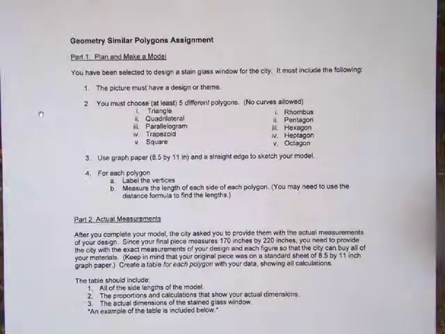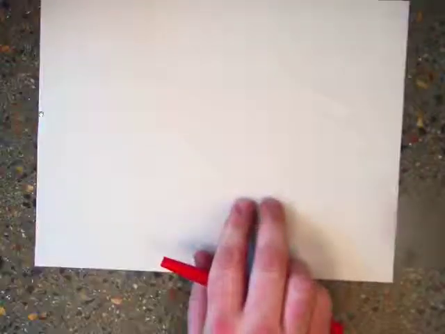I don't have the graph paper right in front of me, but I'm just going to show you what I'm talking about on just a piece of scratch paper. I'll sketch it out for you so you have an idea of what to expect. So if we have our paper, number 4 says each polygon, label the vertices and measure the sides and so on.